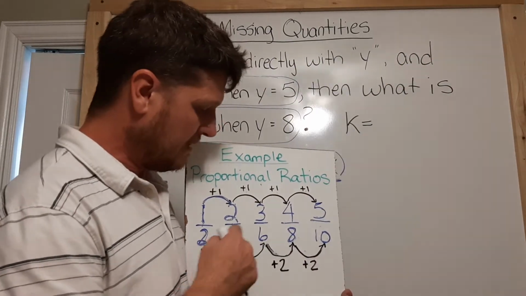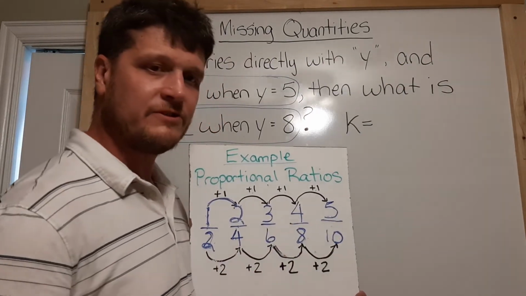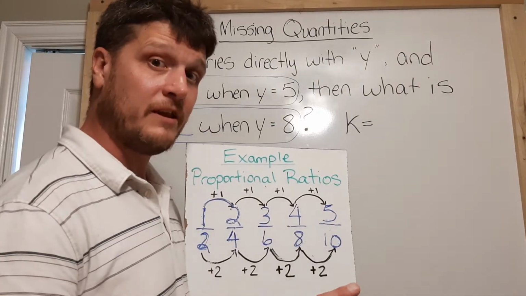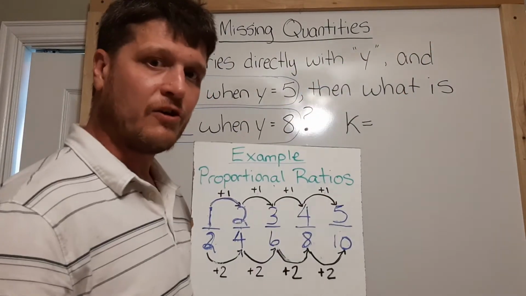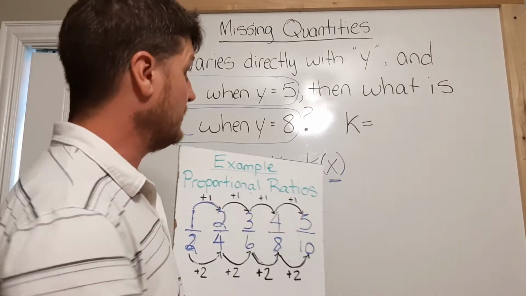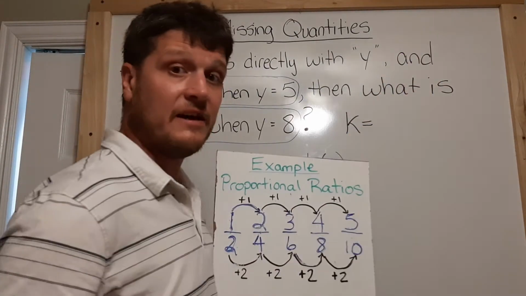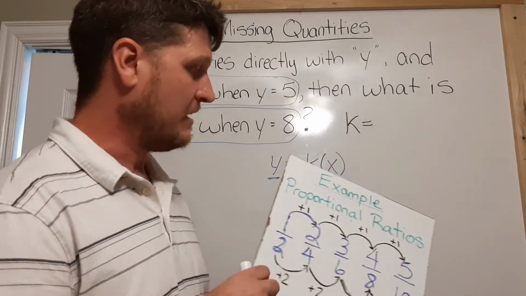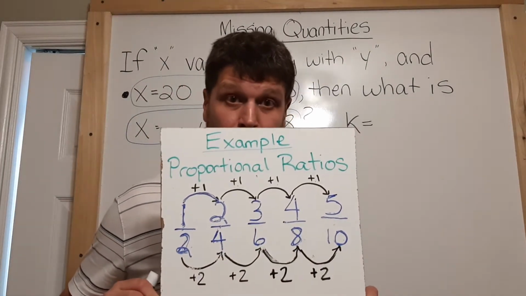If you connected these ordered pairs on the coordinate plane, they would line up to form an unbroken line. This is what's meant by proportional.